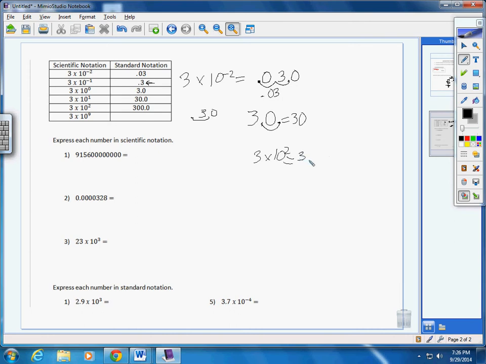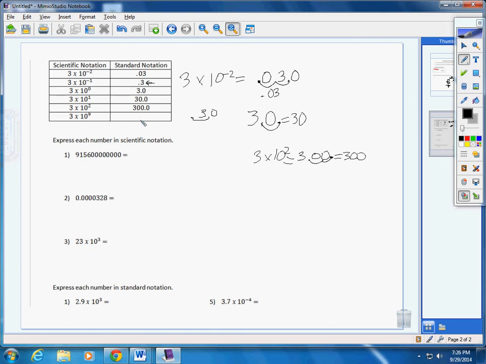So it's 3.0, but since it's 10 to the positive second, we're going to take that decimal point and we're going to move it 2 spots over, and our new answer is going to be 300, which really, once again, makes a ton of sense, because 3 times 10 squared is like saying 3 times 100, and of course that equals 300.